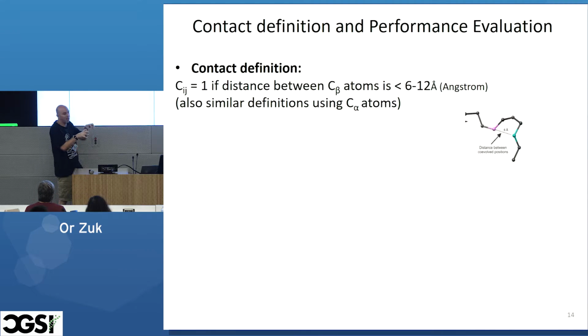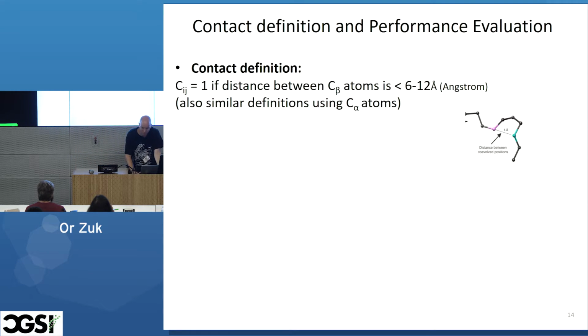There's what's called the C alpha atom, which is a particular atom in each amino acid. So you can define the distance between the C alpha atoms of two amino acids and threshold it. And in the literature, people use anything from 6 or maybe 5 to 10 or 12. And I'll show you, hopefully at the end, something about these distances. And you can also use a C beta atom, which is a different atom, etc.